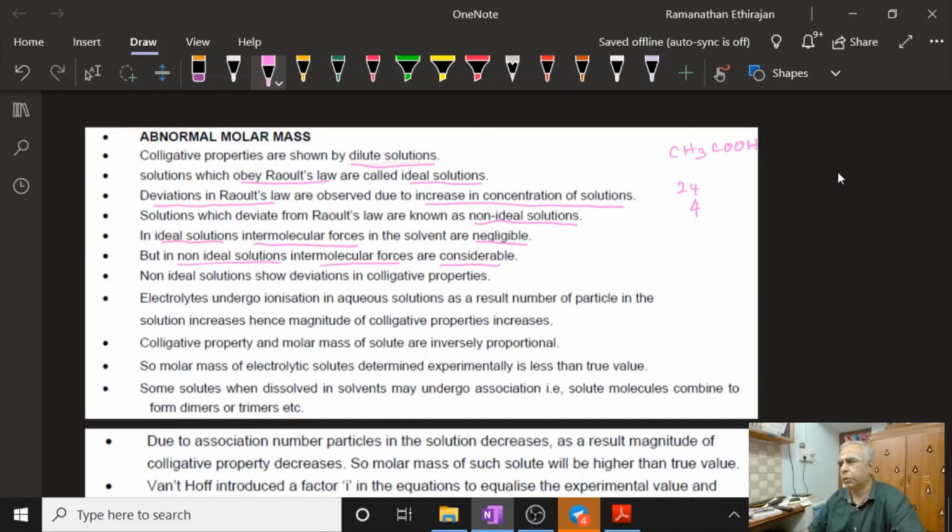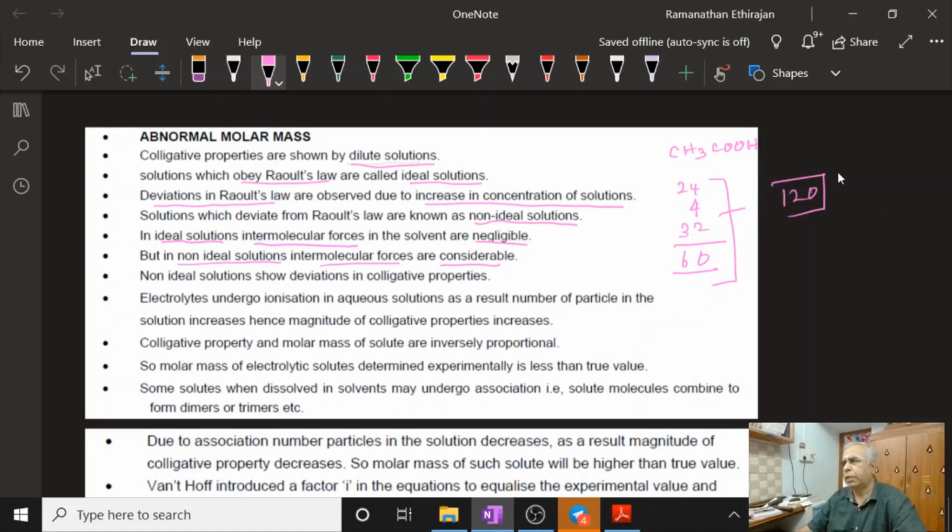So 2 into 16, 32. So 24 plus 4 is 28, plus 32 is 60. So we think that definitely we will get 60. But when we check the molecular weight obtained from the experiment conducted using this colligative property, it gave 120.